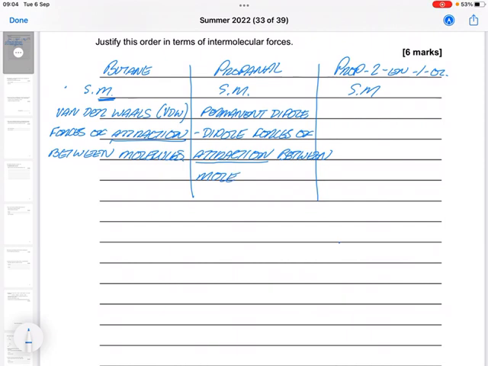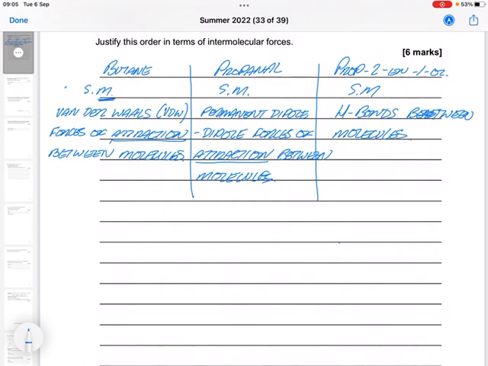And then the final one is the alcohol, so this is hydrogen bonds, and again, between molecules. So I've hit every single one of those things there.